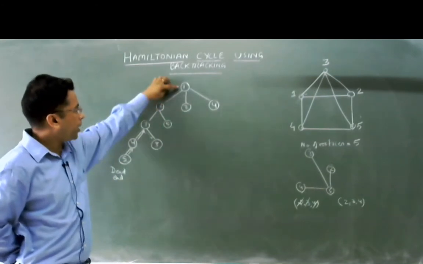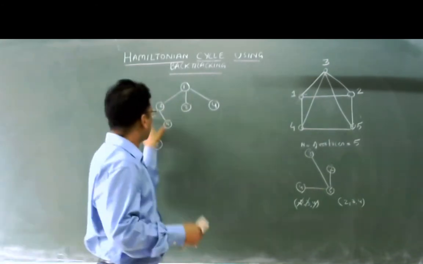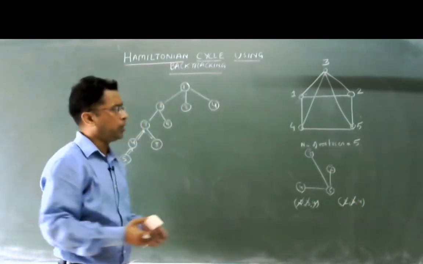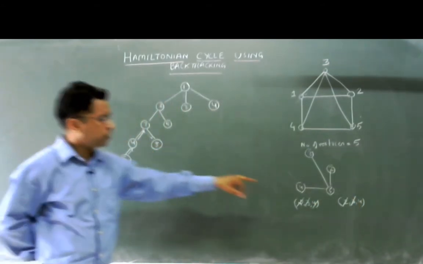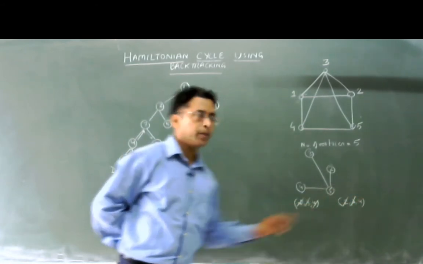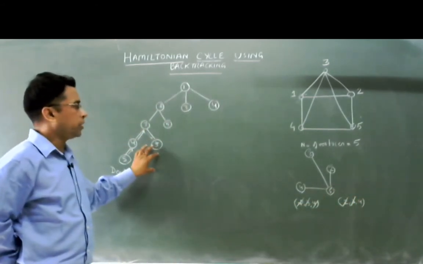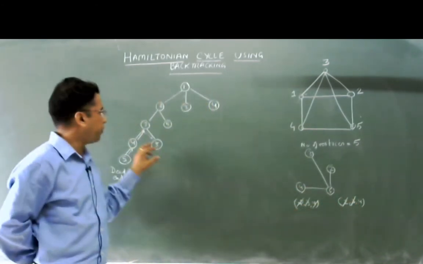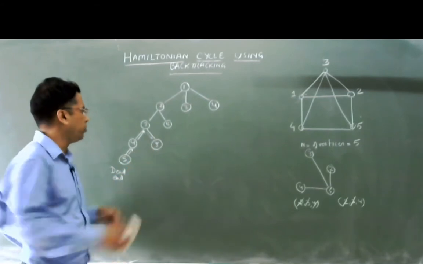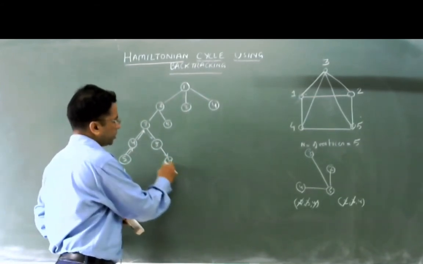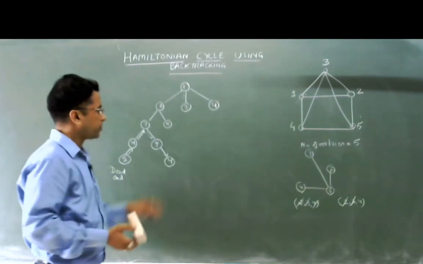Here 2 and 3 have been covered, but node number 4 had not been covered. So after point 5, we shall move towards the point 4.